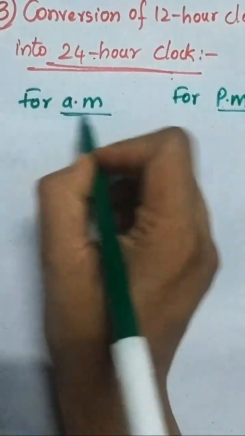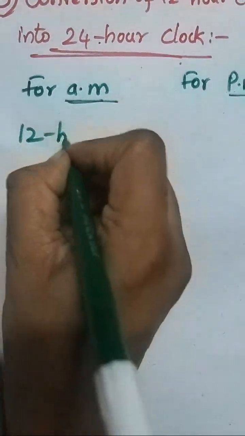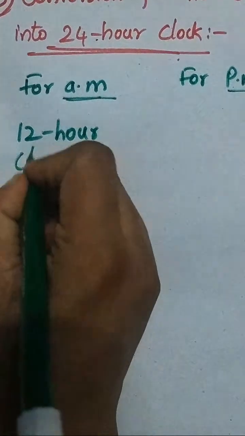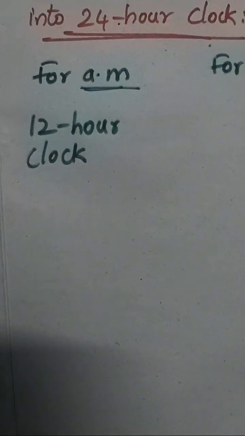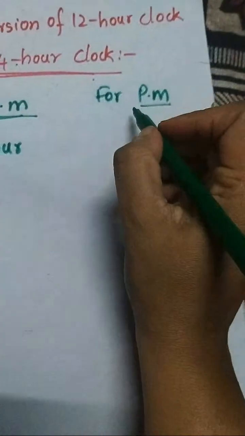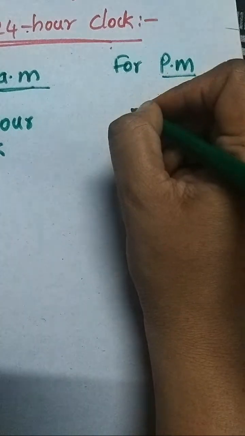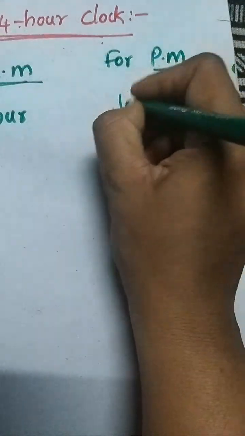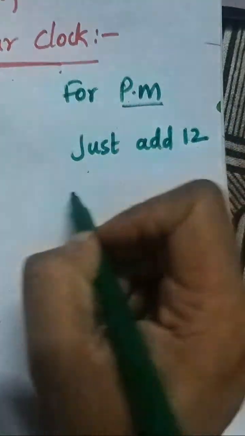The AM time in the 12-hour clock is unchanged when converted to the 24-hour clock. For PM we should add 12 to the number of hours and write that number in 24 hours.